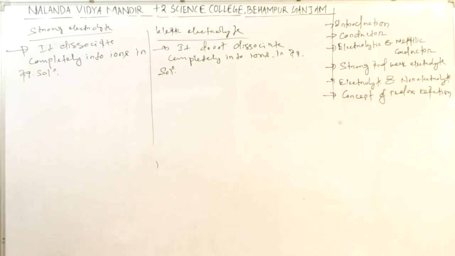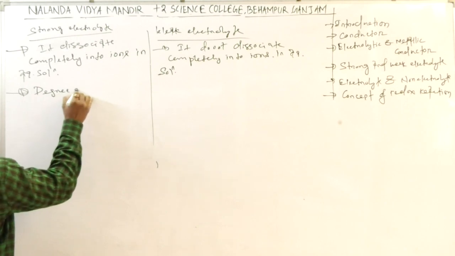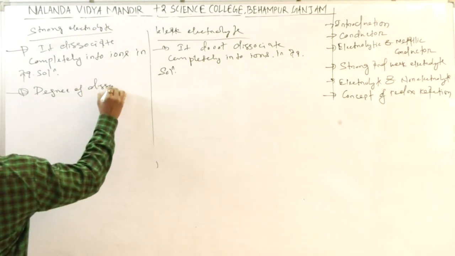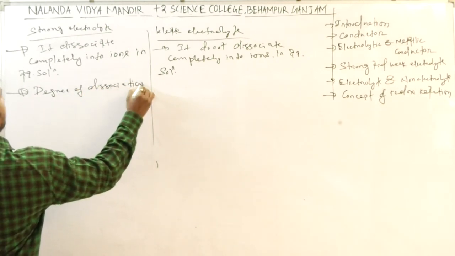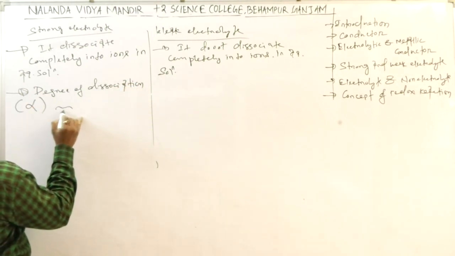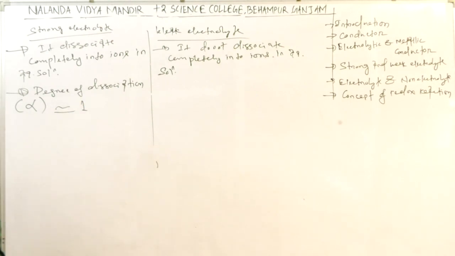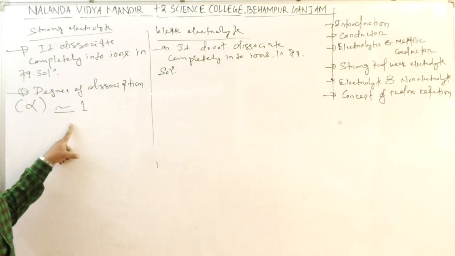Okay, then next one, it is the degree of dissociation, that is alpha, which is nearly about 1, or we can say it is equal to 1.